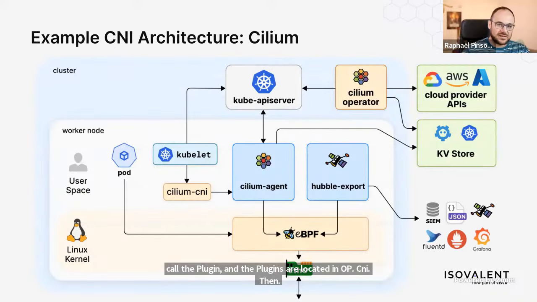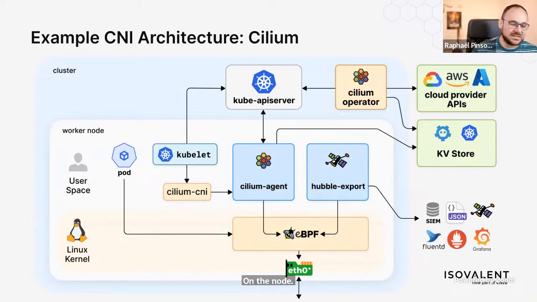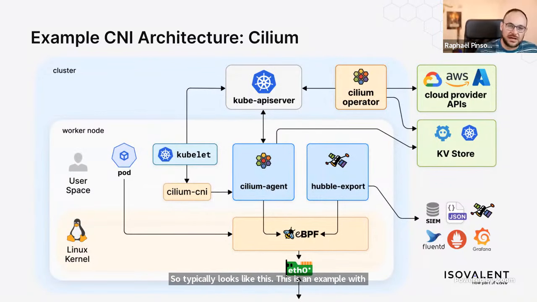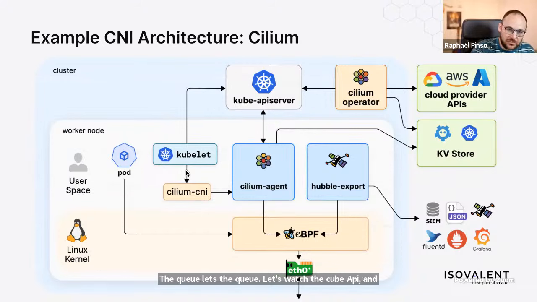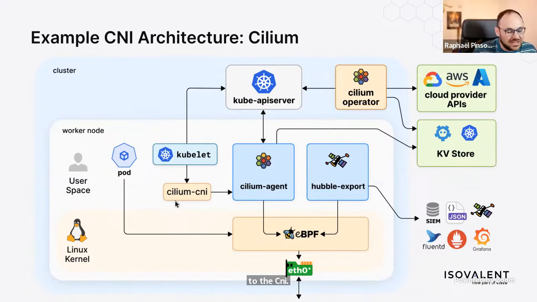So it typically looks like this. This is an example with Cilium, but it would be similar with other CNI plugins. And here we have the kubelet. The kubelet is watching the kube API server. And when the kubelet needs to create a new pod, it will actually call the CRI, which will call the CNI layer. And the CNI layer will call the CNI plugin, which here is called Cilium CNI.